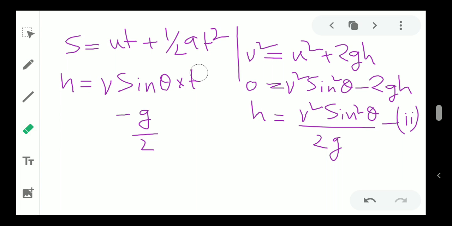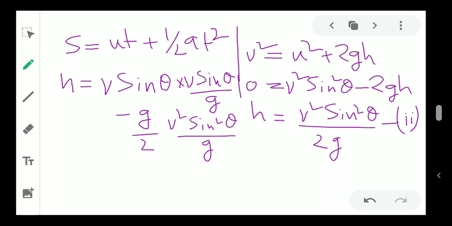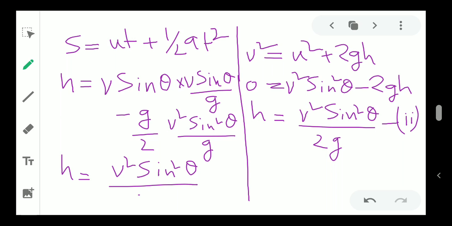So I write v sine theta by g, and here also v square sine square theta by g. Again this h will come similarly, v square sine square theta by 2g. So you can see in both ways you can find these values.